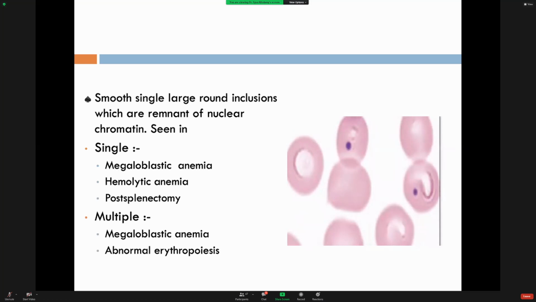Howell-Jolly bodies common post splenectomy وفي الهيمولوجيك انيميا we can see it ايضا في السيكل سيل انيميا في الاوتوسبلينكتومي.